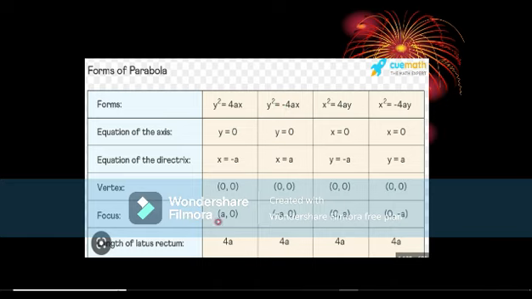The focus will be (a, 0), here (negative a, 0), (0, a), then (0, negative a). And the length of the latus rectum is 4a in all cases. Again, a can be expressed as c or p. It depends on the textbook or the article that we're using or basing on.